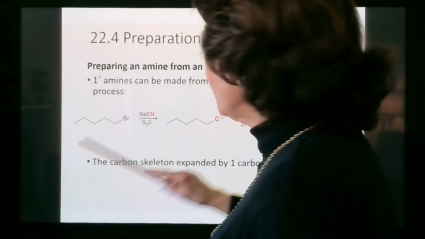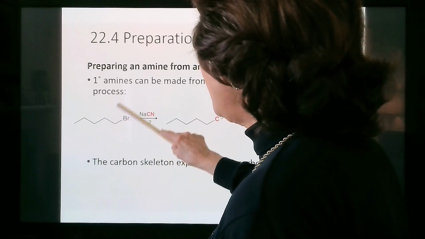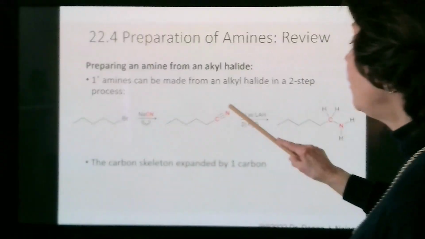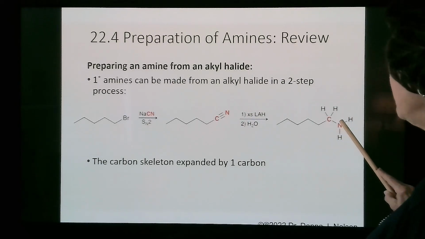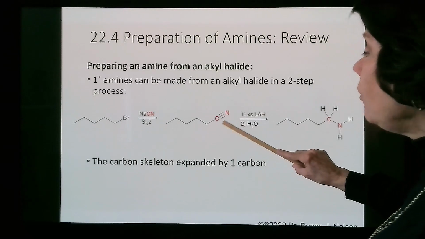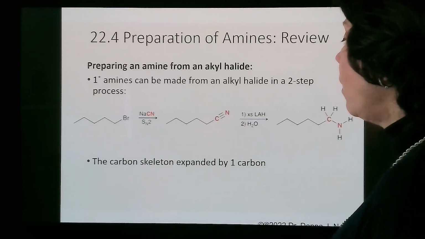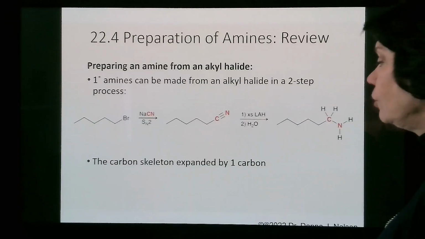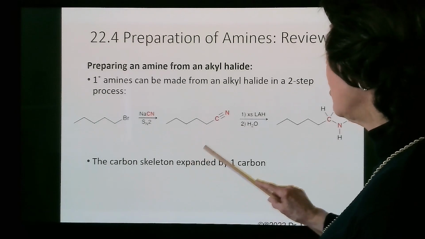You will remember that this anion simply comes in, does a backside attack, displaces bromide, and so now you have the nitrogen atom, which will become the nitrogen of the amine. So you have augmented the carbon skeleton by one. This is one of the important reactions. You don't have many of these reactions that increase the carbon skeleton.